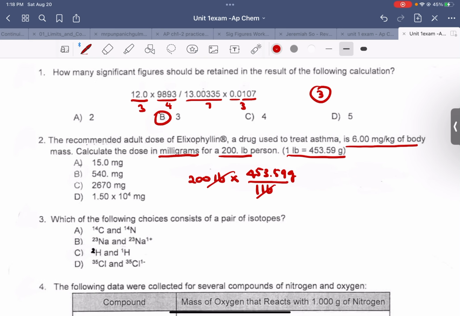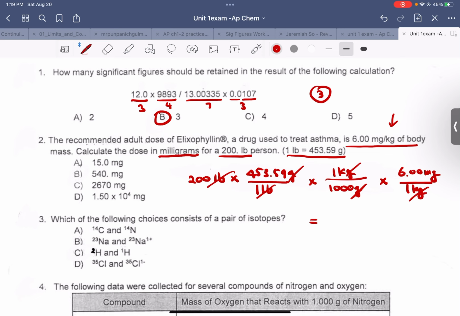But they ask how many milligrams of dose. So I need to convert this body weight to kilograms, times 1 kilogram, which we know is 1,000 grams. So the body weight is this many kilograms, and now you multiply by this. For 1 kilogram, you need 6.00 milligrams of the drug. So kilograms cancel out, and you end up with how many milligrams of dose you're going to need.